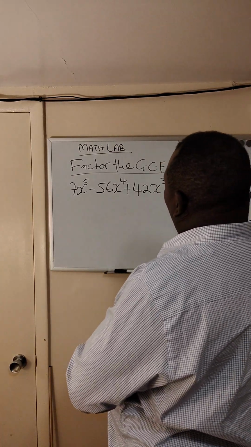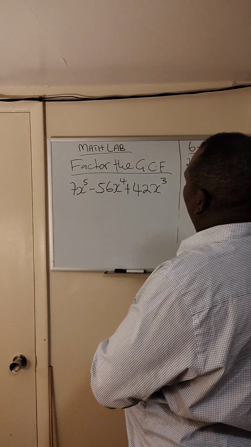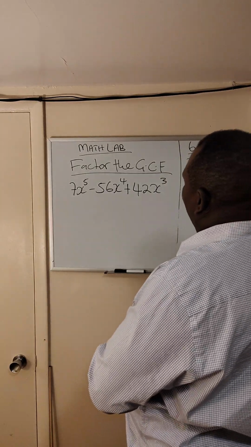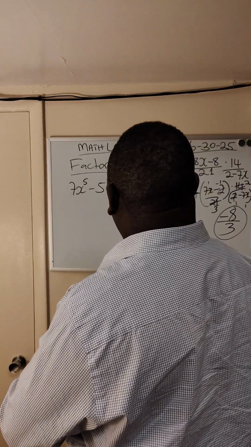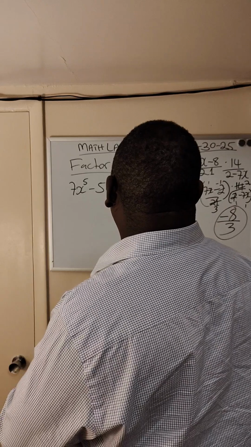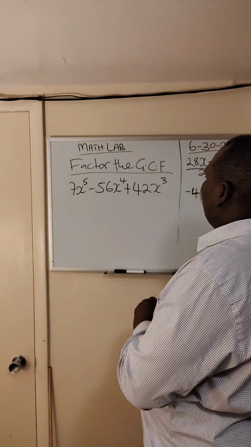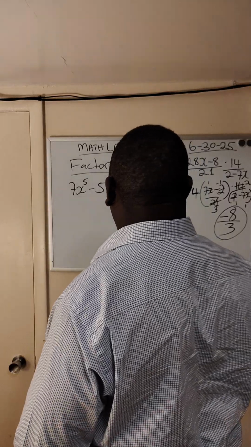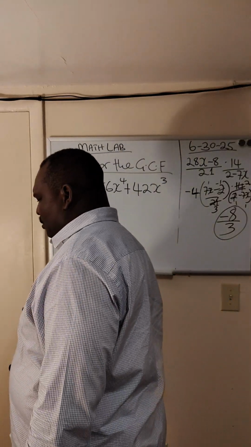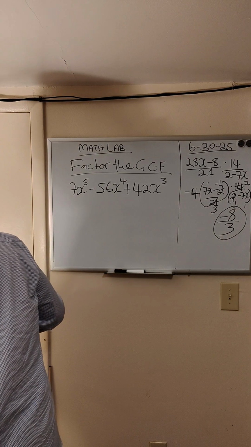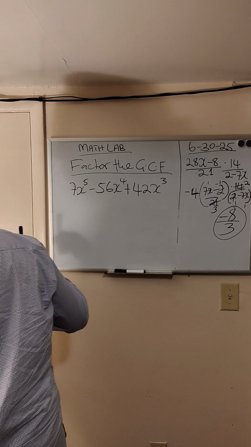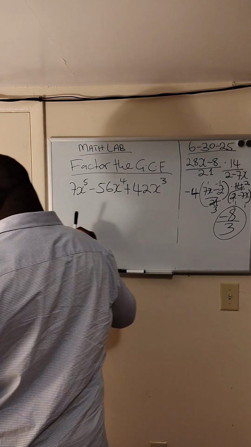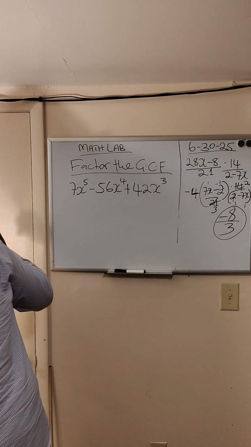So now when we look at this expression, we see that we have 7x, and also 42x right here, and 56x right here. So now this equals this 7x.